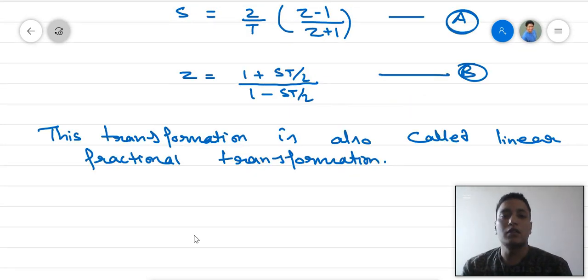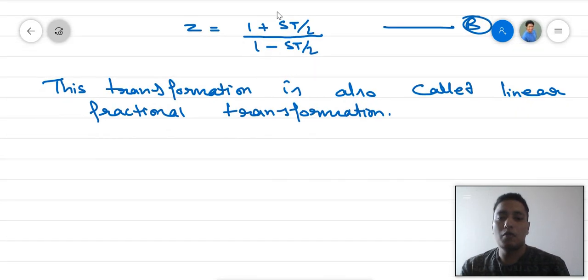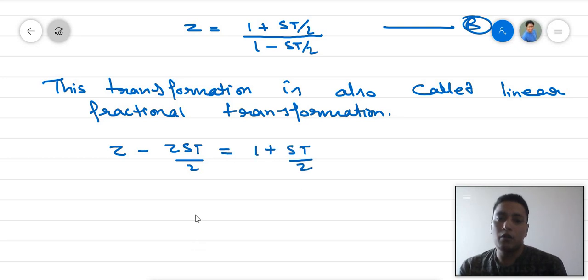This transformation is also called a linear fractional transformation. From equation B, it can be written as Z minus ZST by 2 equals 1 plus ST by 2. And then we can write ST by 2 times Z plus ST by 2 minus Z plus 1 equals 0.